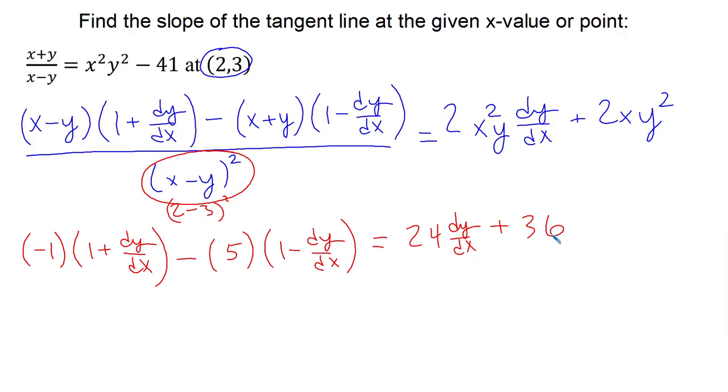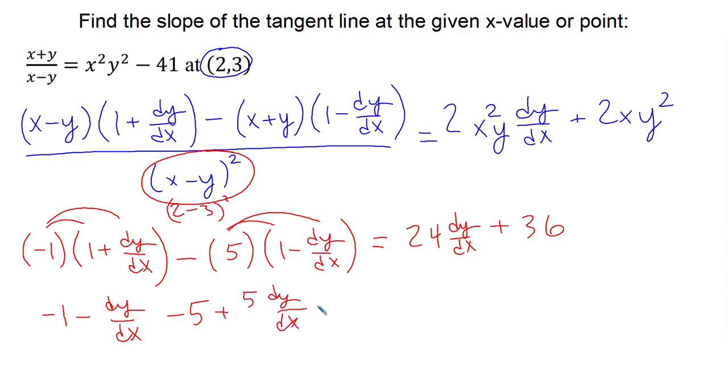And so now we can just distribute this negative 1 and distribute this 5, and we should be able to fairly quickly solve for dy/dx. So that's going to give us negative 1 minus dy/dx, and then minus 5, and then plus 5 dy/dx is equal to 24 dy/dx plus 36. And so now as we simplify this down, well, negative 1 minus 5 is negative 6.